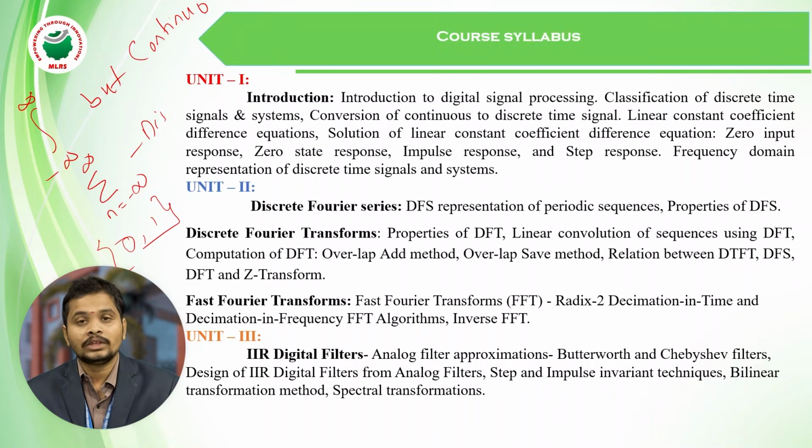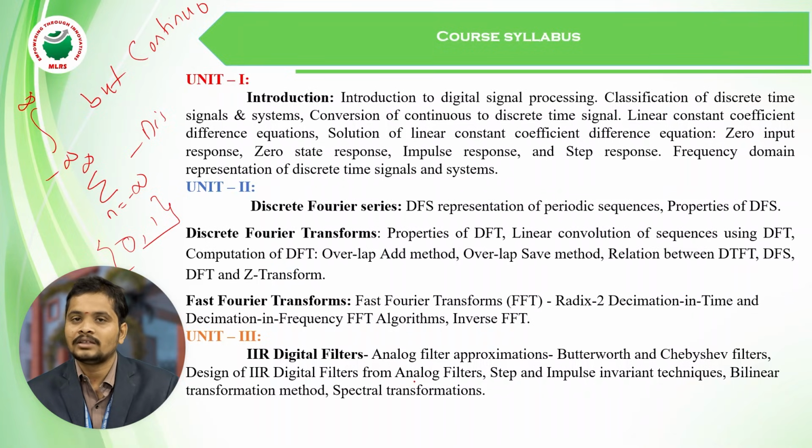The next one is unit 3, IIR digital filters. Here we study analog filter approximation and IIR digital filters. Every digital signal processor has filters, and those filters are IIR digital filters and FIR digital filters. In these two units we will learn what a digital filter is, and the infinite impulse response and finite impulse response.